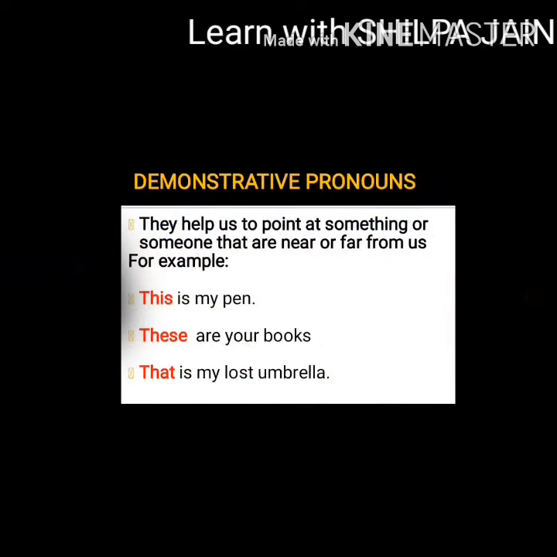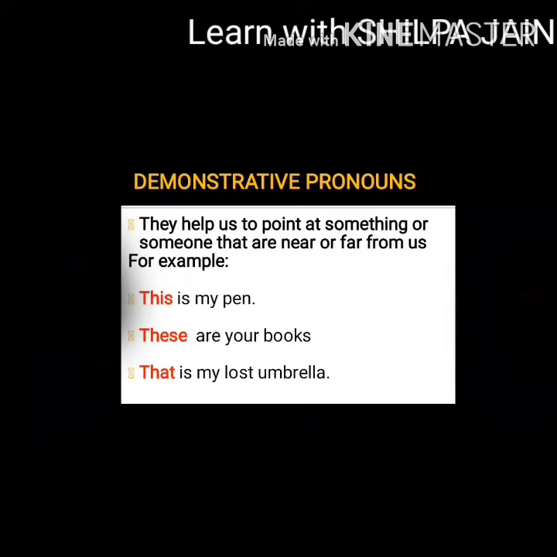Now, demonstrative pronouns. Demonstrative pronouns are the pronouns which help us to point at something or someone that are near or far from us. For example, this is my pen.